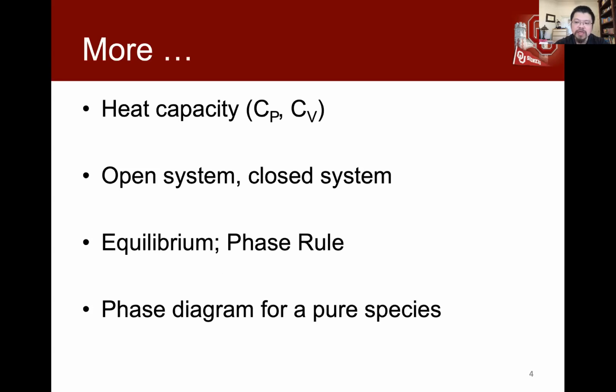The phase rule is one of my favorite equations in any topic, because that is the guiding equation to tell us how many parameters we have to study in order to completely understand the system.